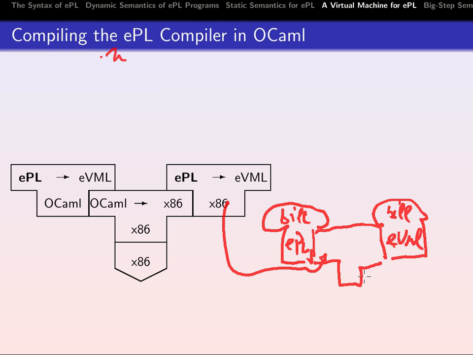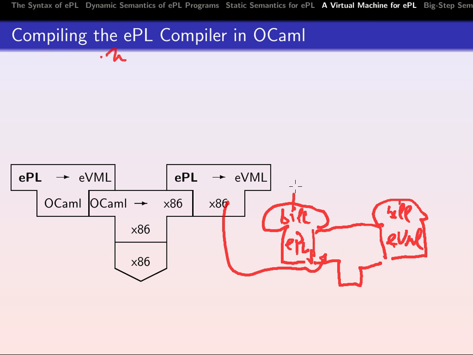So this binary that we have produced can be used to take a file written in the EPL language and produce a binary which, when executed, will give me the evaluation of the expression written inside this file.